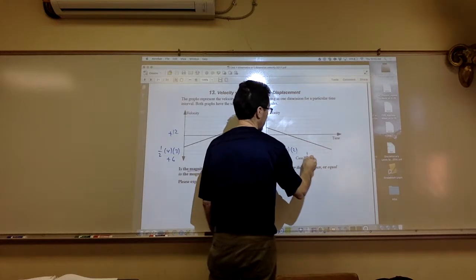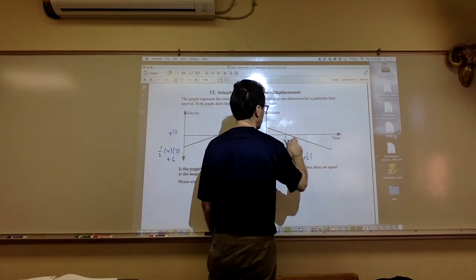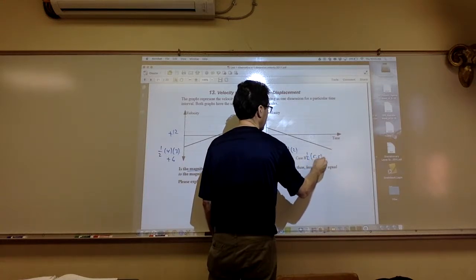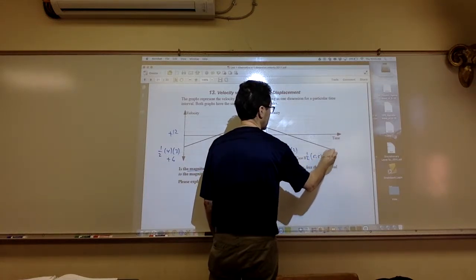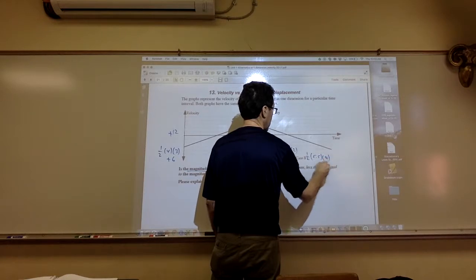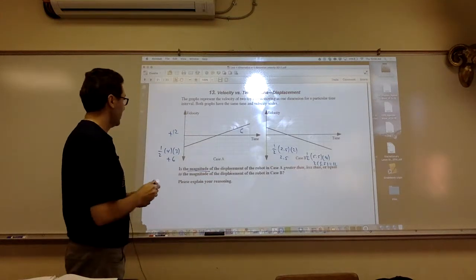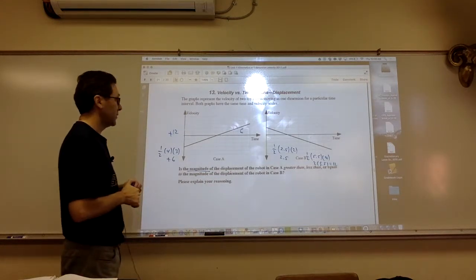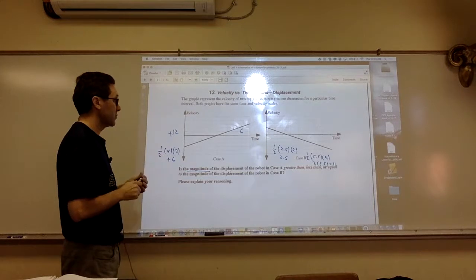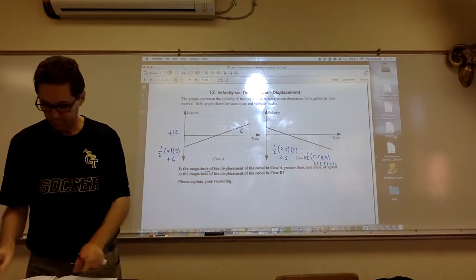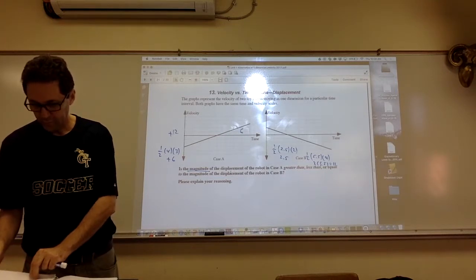This part here is 1/2 the base, which is 1, 2, 3, 4, 5.5, times 4, it looks like. So it's 2 times 5.5, that's 11. So 11 and 2.5 is greater than 12. So the magnitude of displacement is greater in case B, or less in case A.